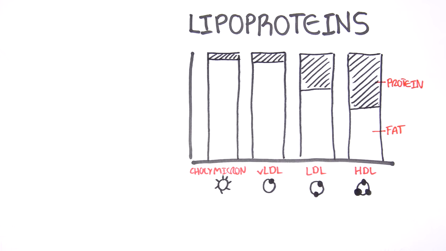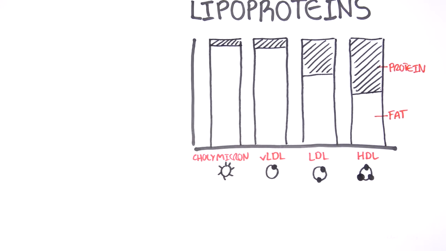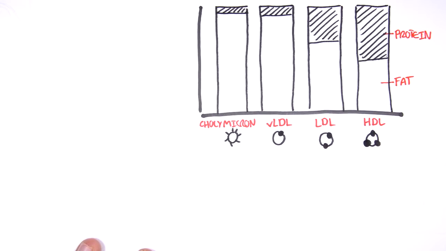LDL, low density lipoproteins, have a bit more proteins but still mainly lipids, and then the high density lipoproteins have nearly half proteins, half lipids. So it is actually important to understand the different protein to lipid ratio in each of these lipoproteins because it somewhat relates to their function.